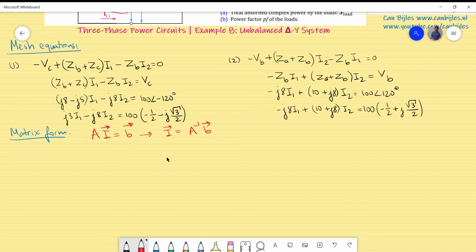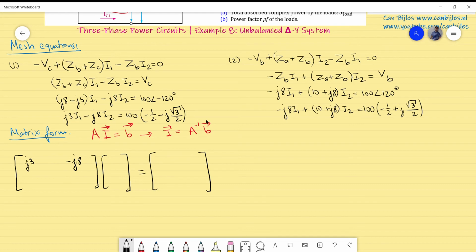So we have the following. There is a matrix with its own coefficients, so there will be a vector and there will be a solution for the calculations of the vector and the matrix. You take the coefficient of I1, which is j3, and the second one is j8, that's for the first equation.